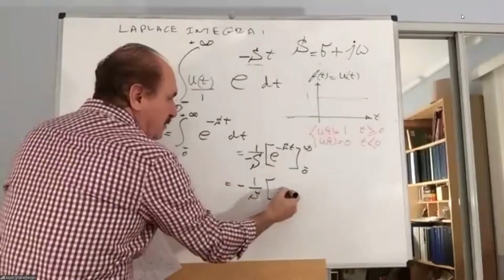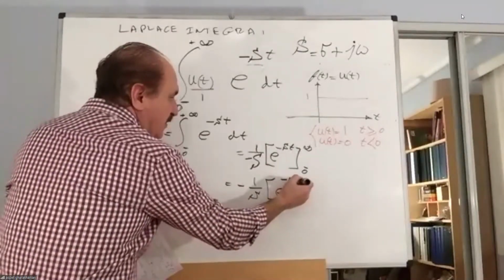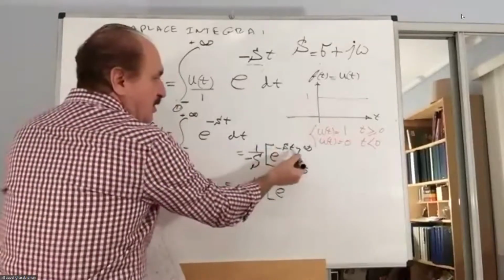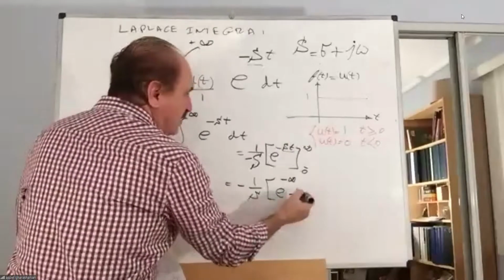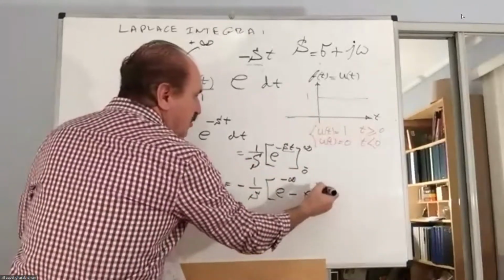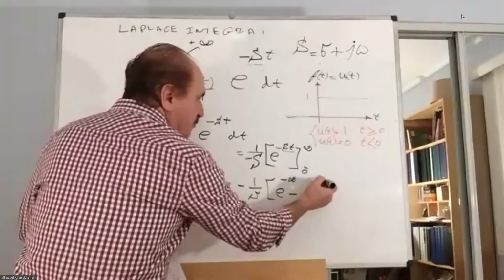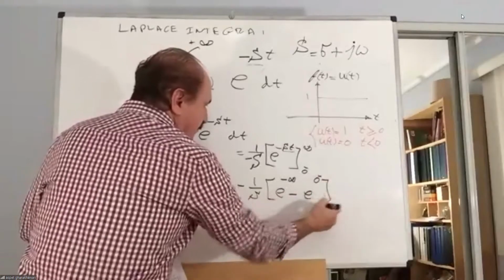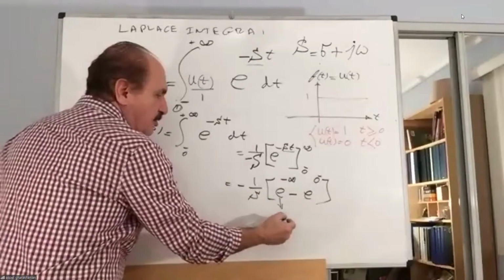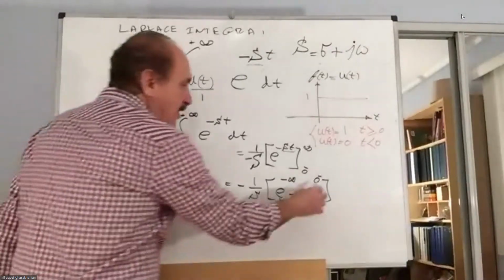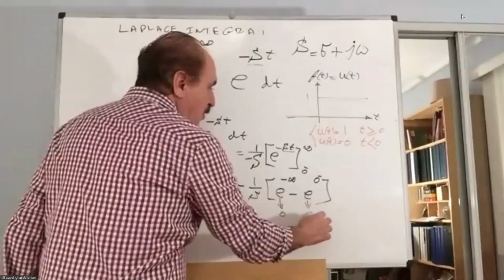That one will be e to the power minus infinity, e to the minus st, when t is infinity, e to the minus infinity, minus, you will substitute e to the power 0 or minus 0, it doesn't matter. So this will converge to 0, it's e to the minus infinity. This will converge into 1.